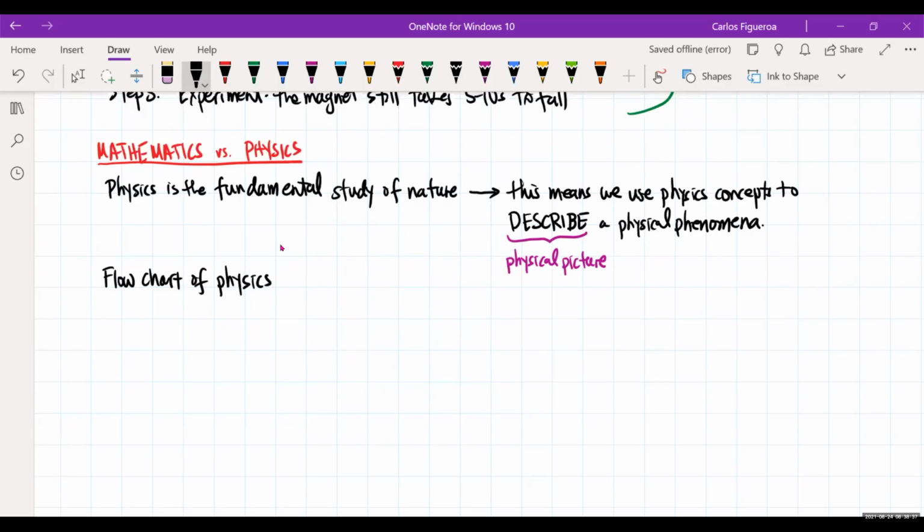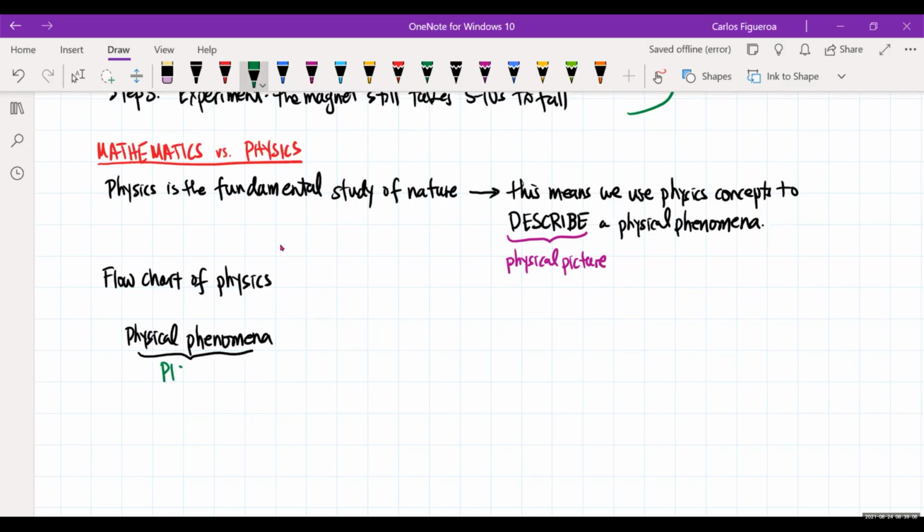So physicists spend a lot of time developing the picture. So let's write this out. I have some physical phenomena, and our whole goal with this physical phenomena is to develop what?